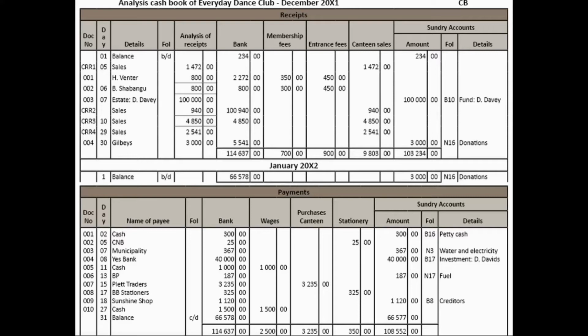Okay, and then the next step is just to add up the columns. So we start on the receipt side, on the debit side, with membership fees, the total is 700, entrance fees, the total 900, canteen sales 9803, and the sundry accounts is 103235.